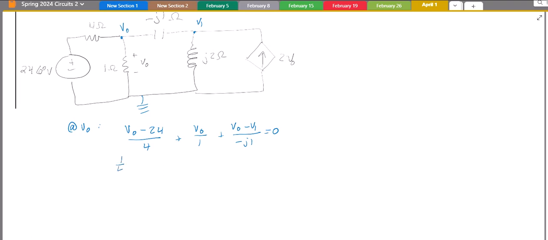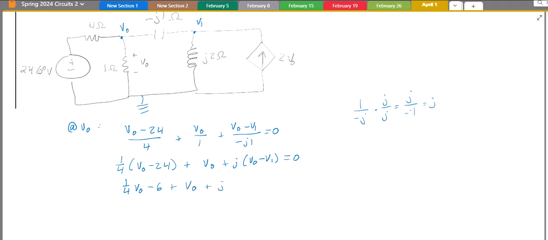So that's 1/4 (V0 minus 24) plus V0 plus, 1 over minus J, if I multiply that by J over J, that's J over negative 1, that's just J. J times (V0 minus V1) equals 0. So 1/4 V0 minus 6 plus V0 plus JV0 minus JV1 equals 0.